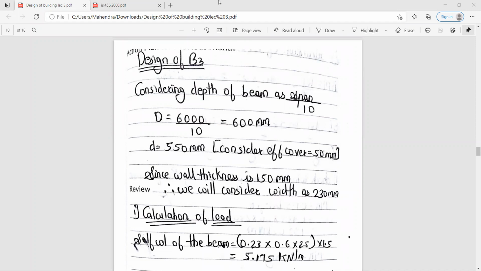Here what wall thickness have they given in the question for the beam? 150 mm, but again we are going to consider the width as more than the given thickness of the wall. So we are going to assume it as 230 mm. Then we shall proceed for the loading calculations. First of all, complete up till here. Then we will do the loading calculations.